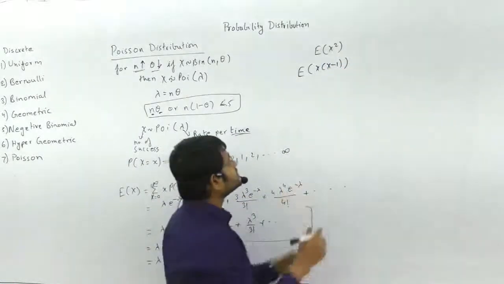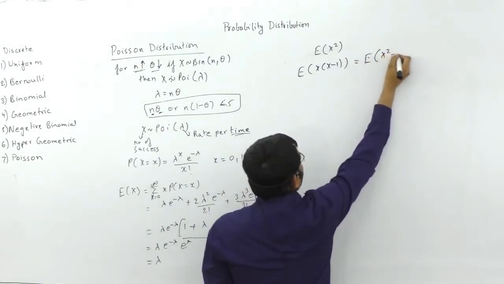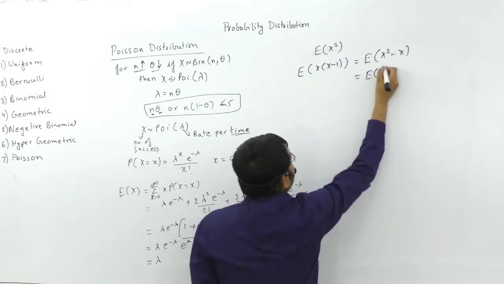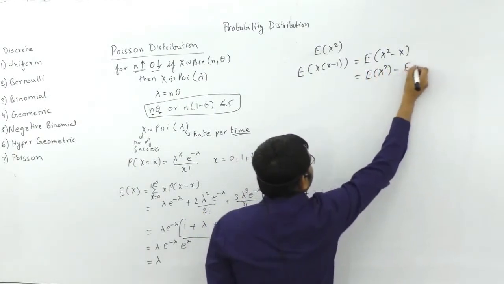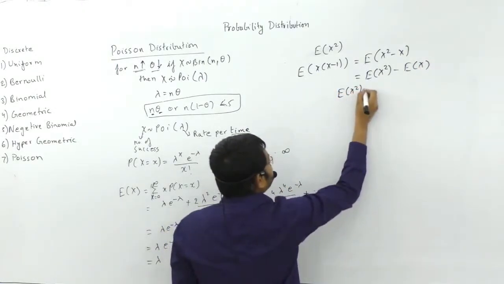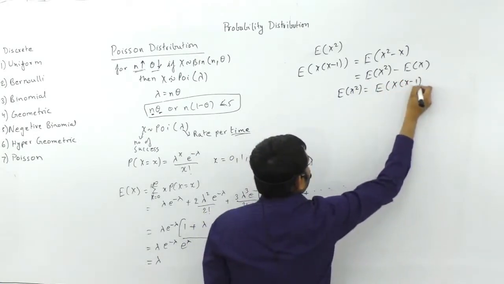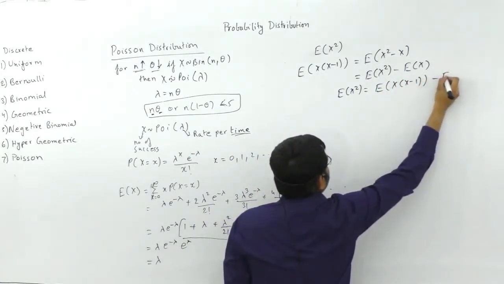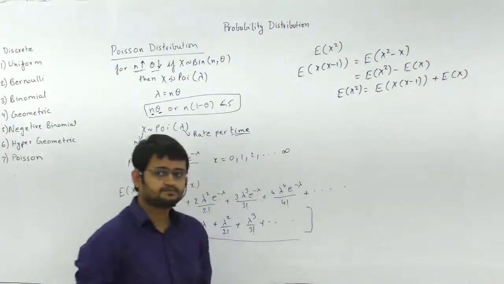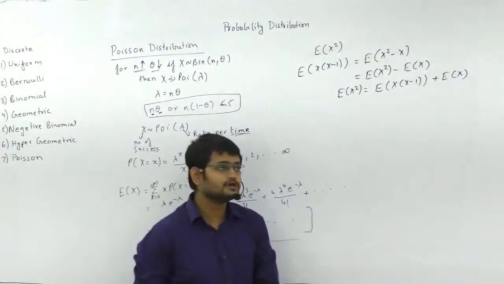So E of x into x minus 1 can be written as the expected value of x square minus x. That can be written as the expected value of x square minus the expected value of x, or I can say the expected value of x square would be E of x into x minus 1 plus E of x. So we can find the expected value of x square using this particular term.